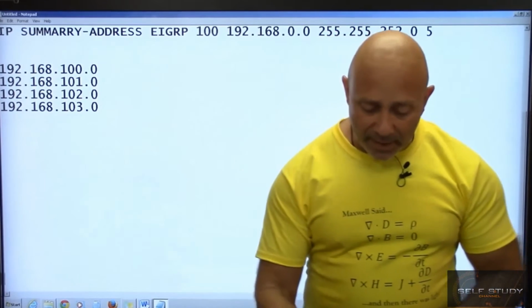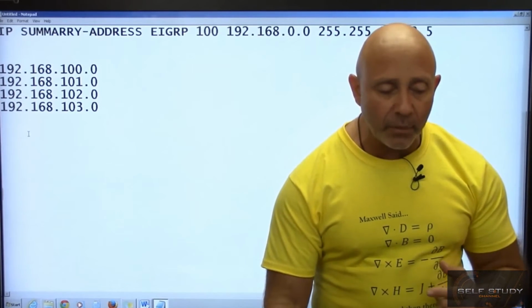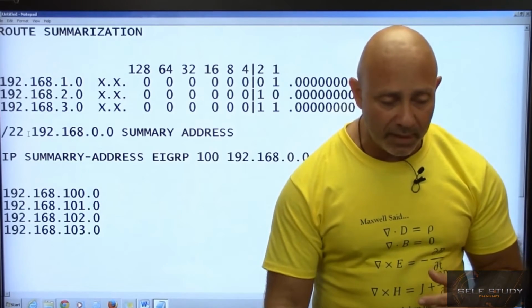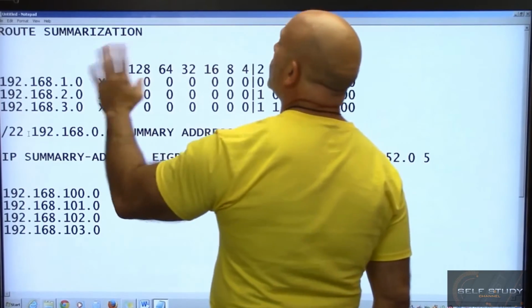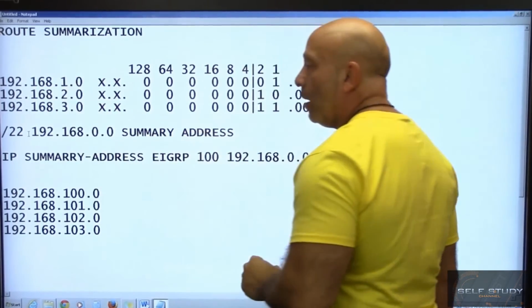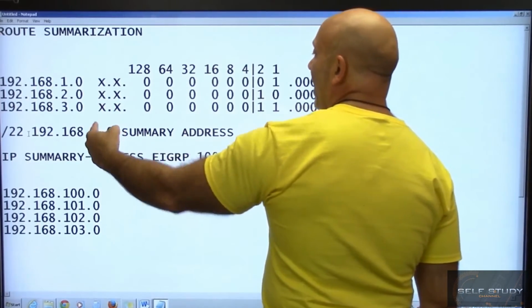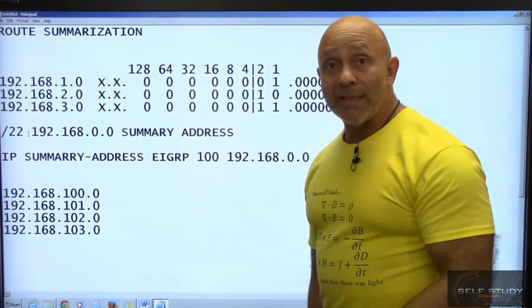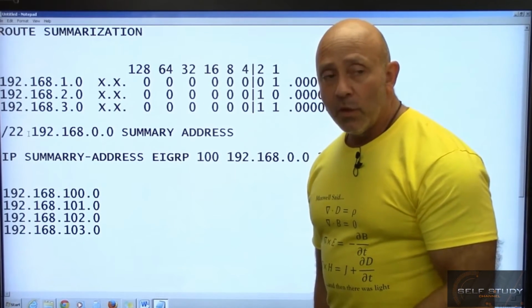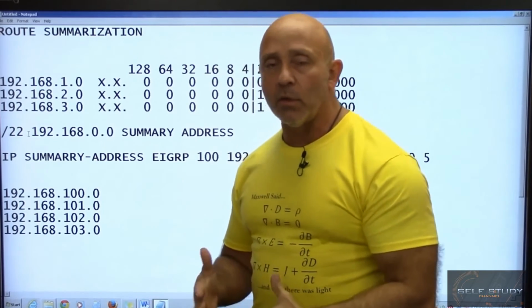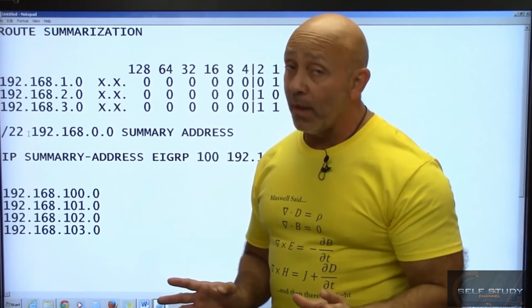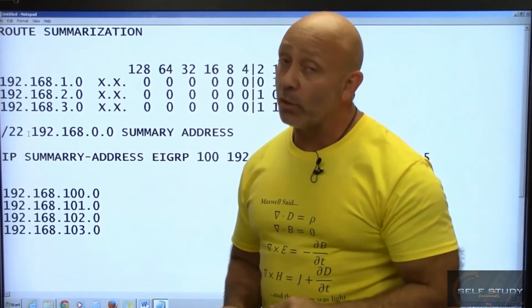Let me elaborate on that because I didn't elaborate on the previous example, and I do apologize for that. If you notice, our original networks were 1, 2, and 3, and all of a sudden we got 0. So we just added a network to it. When you have these odd numbered networks, and sometimes even numbered networks too, the rule doesn't always work.